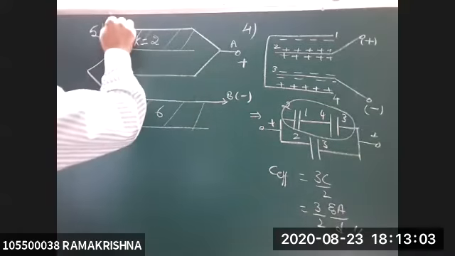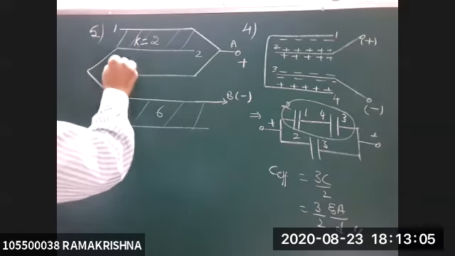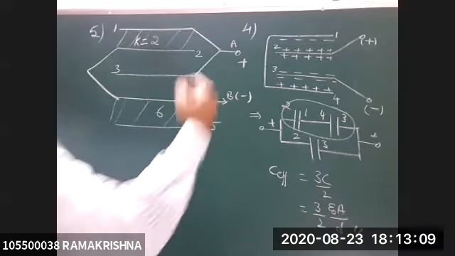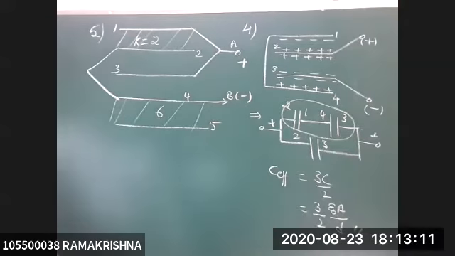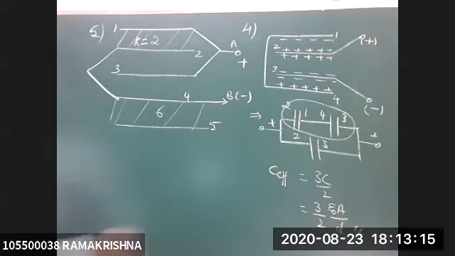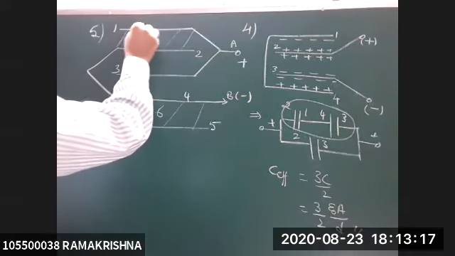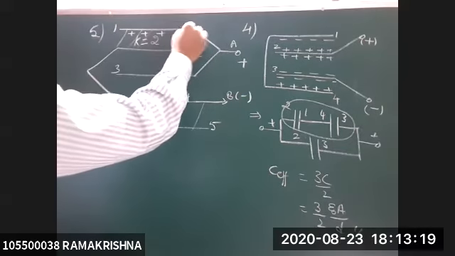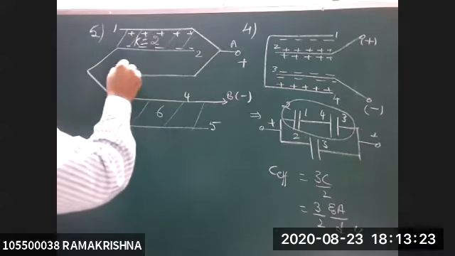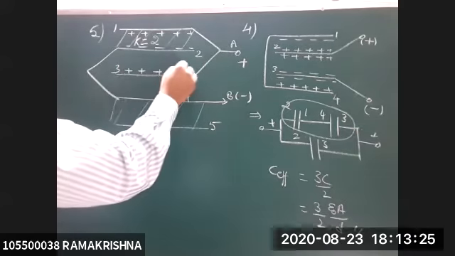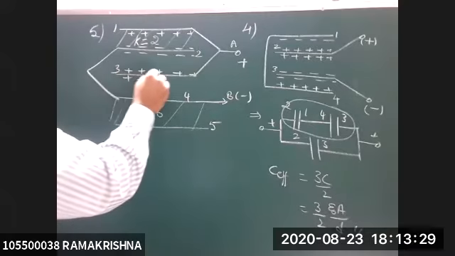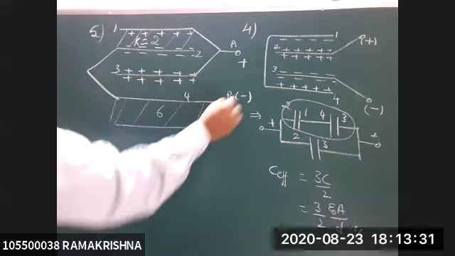Again, name the plates 1, 2, 3, it is the fourth plate, and the final one is the fifth plate. Right? If we rearrange this like the previous problem, the positive plate induces negative charge on the next plate.